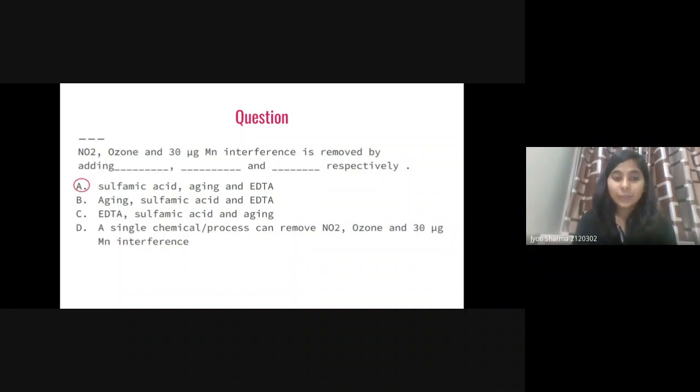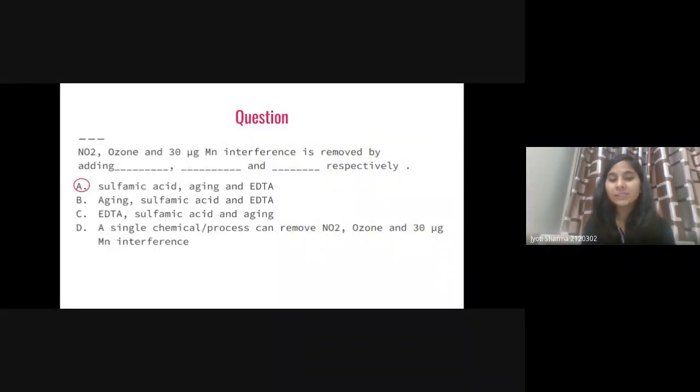Yes, for the nitrogen dioxide, we will use the sulfamic acid. For the ozone, aging means you have to keep your sulfur dioxide mixed in the absorbing media for some time. Because of aging, ozone can be removed automatically.